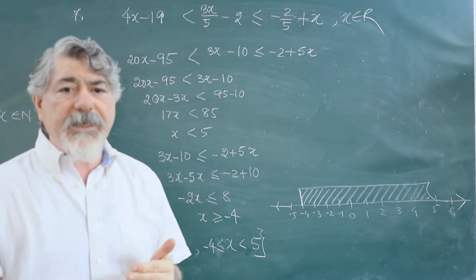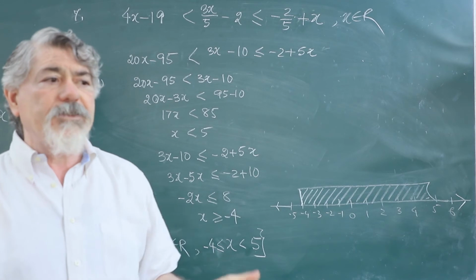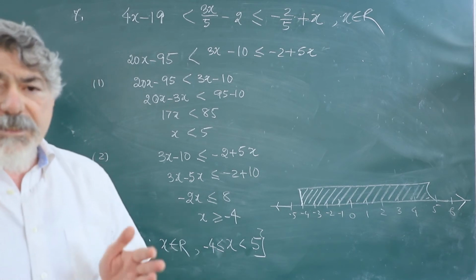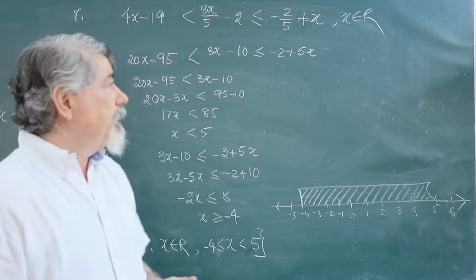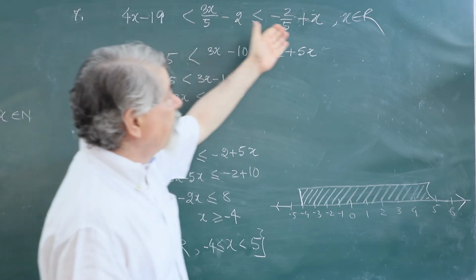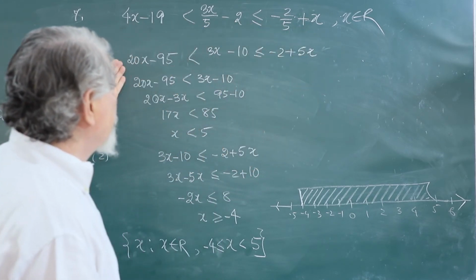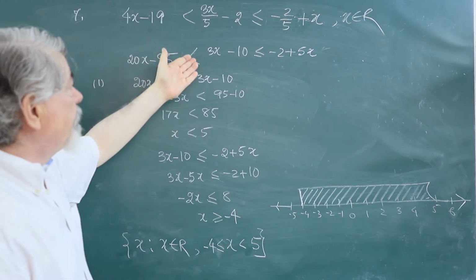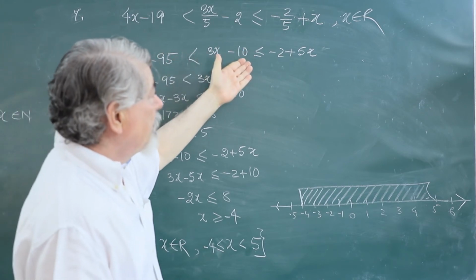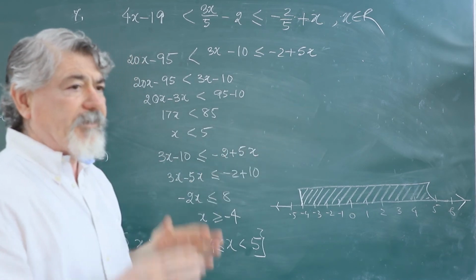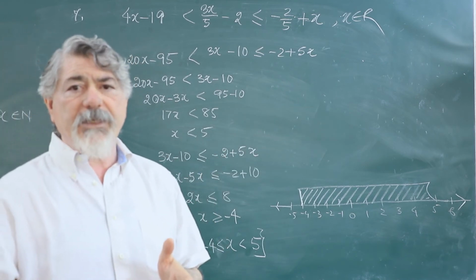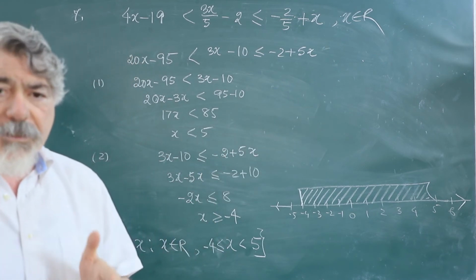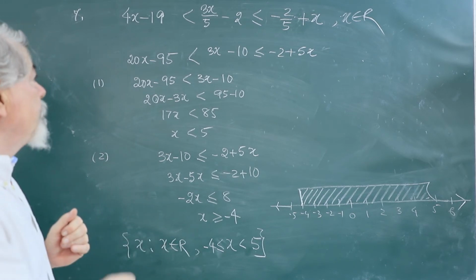Since I am multiplying by positive 5, there is no change in the sign of inequality. When I multiplied everything by 5, I got 20x minus 95 less than 3x minus 10 less than or equal to minus 2 plus 5x. Each individual term should be multiplied by 5. You have to be careful when you're doing that.